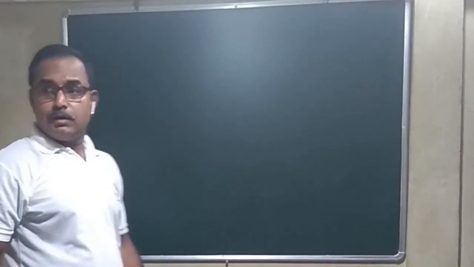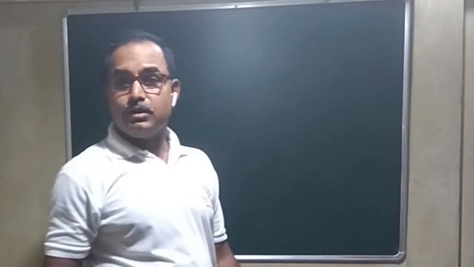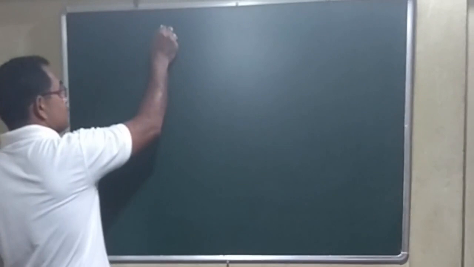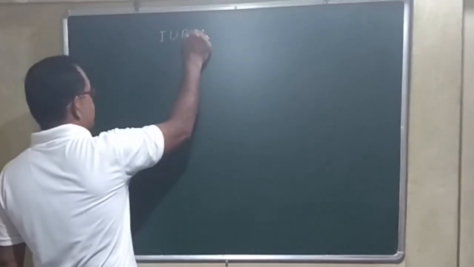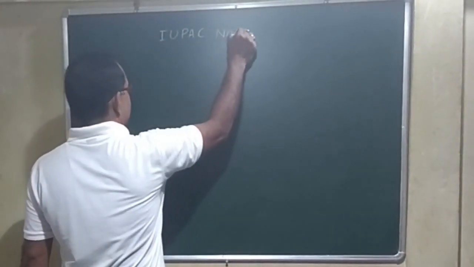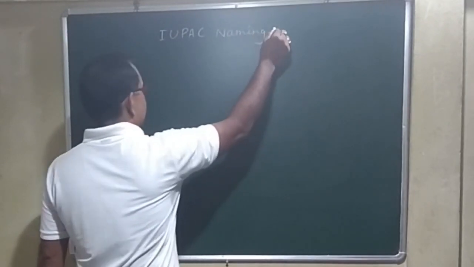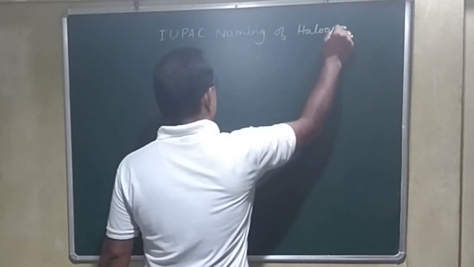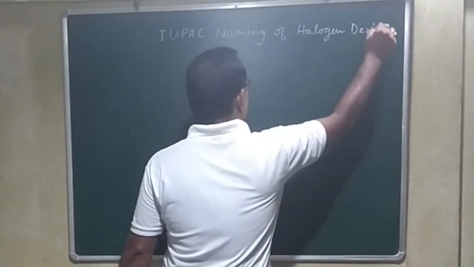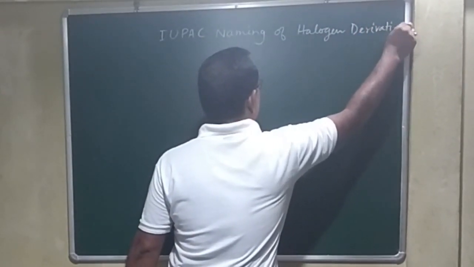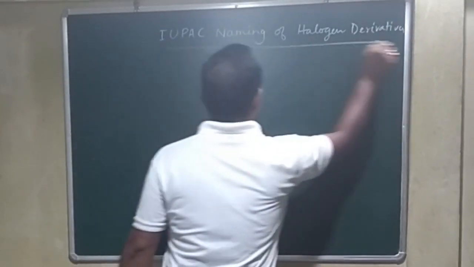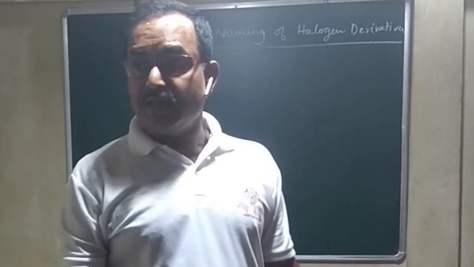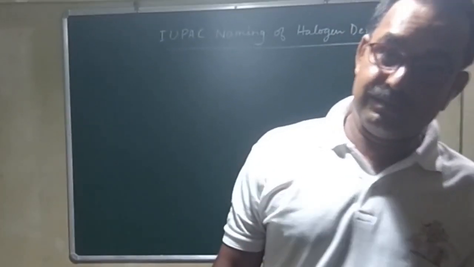Now, let us have some discussion on the IUPAC naming nomenclature of halogen derivatives. I think all of you studied this in your first year class.